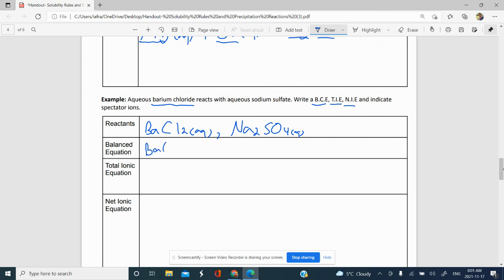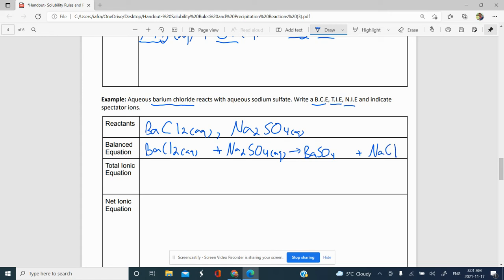BaCl2 Aq plus Na2SO4 Aq. And I'm going to do a double displacement. So barium will go with sulfate, and that'll be BaSO4 plus NaCl.